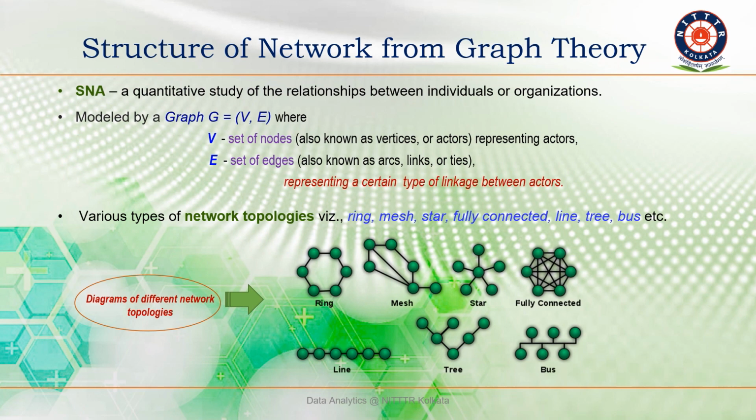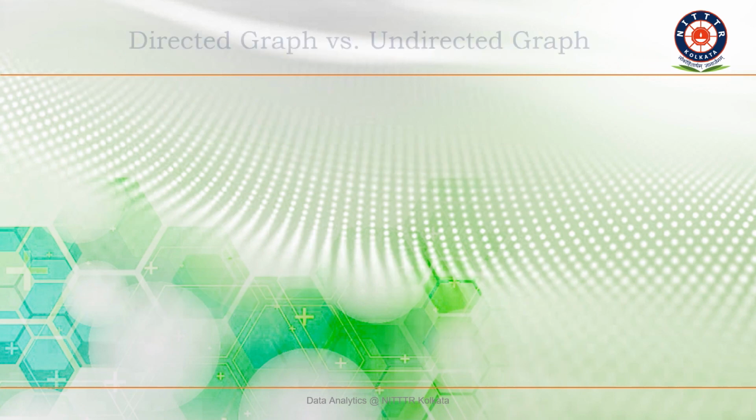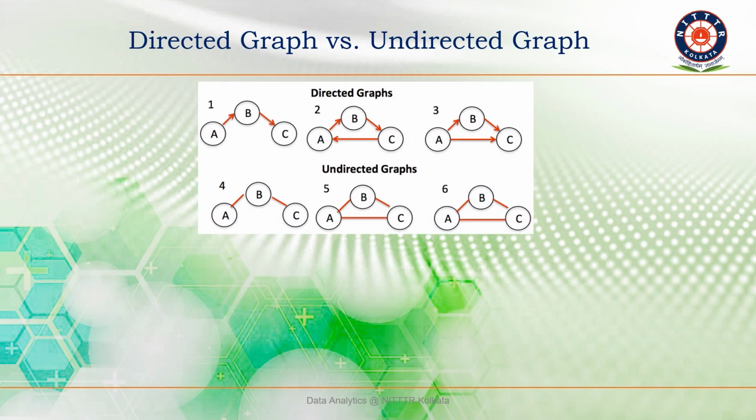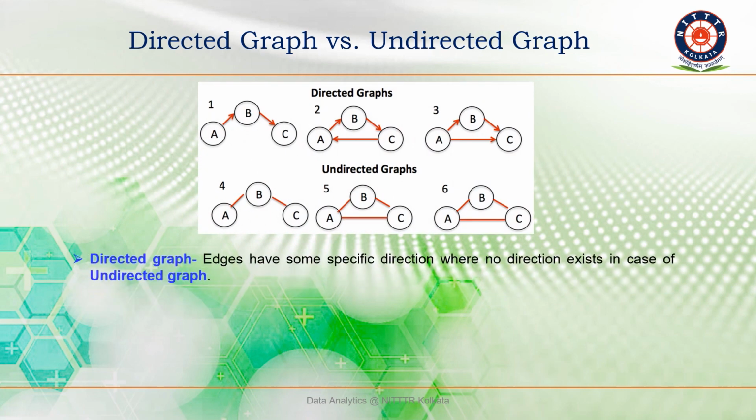Now, let us look at graphs from two different angles. In the first sequence of graphs in the diagram you can see directed graphs, and in the second sequence you can see undirected graphs. Directed graphs are those where the edges have specific directions, whereas no direction exists in an undirected graph.